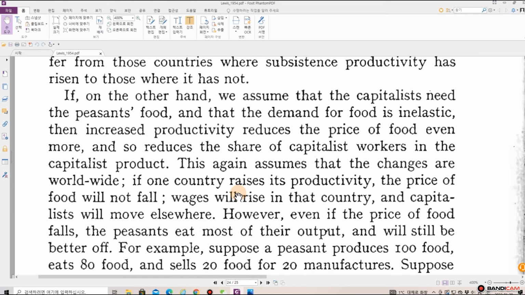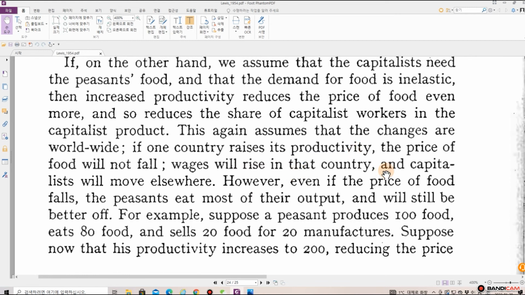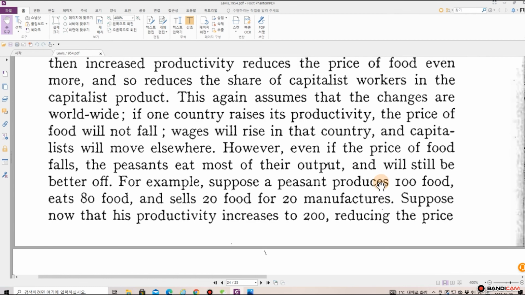This again assumes that the changes are worldwide. If one country raises its productivity, the price of food will not fall. Wages will rise in that country and capitalists will move elsewhere. However, if the price of food falls, the peasants eat most of their output and will still be better off.